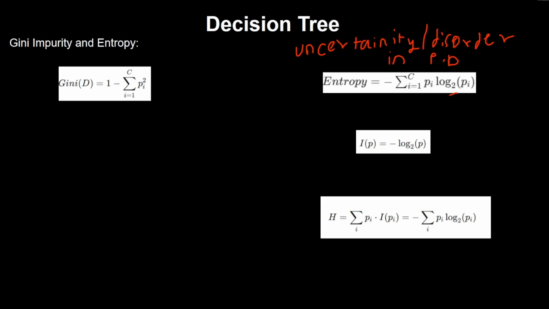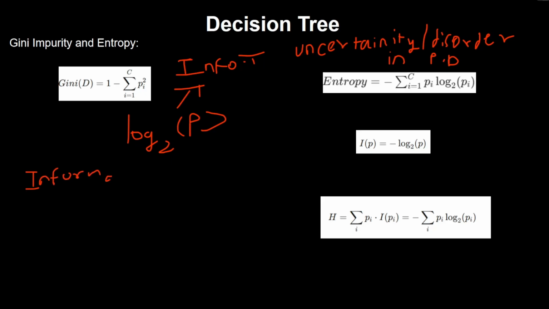Let's see why we take this log value here, log base 2. This concept actually comes from information theory. When we take log base 2 of the probability, we get something called information. Information is measured in terms of bits, just the computer bits, 0 or 1.